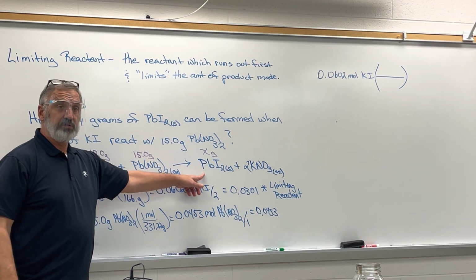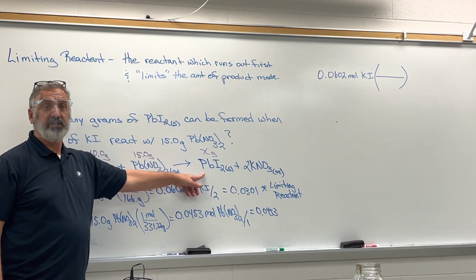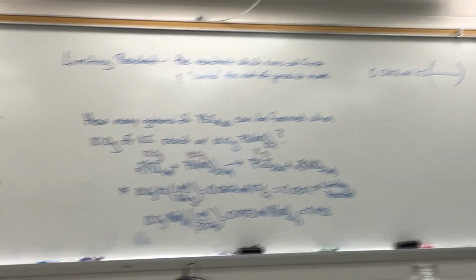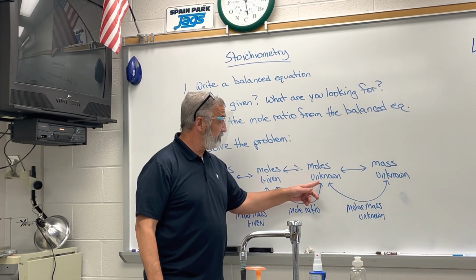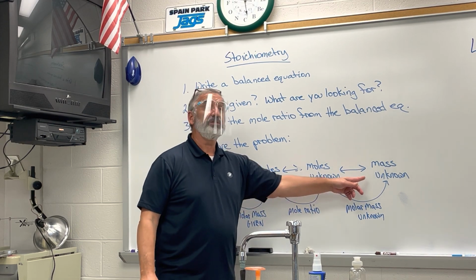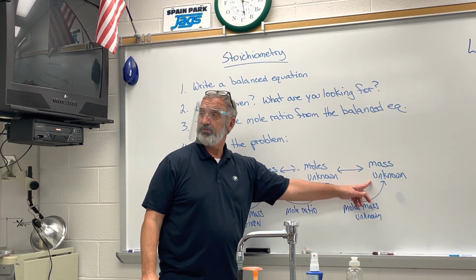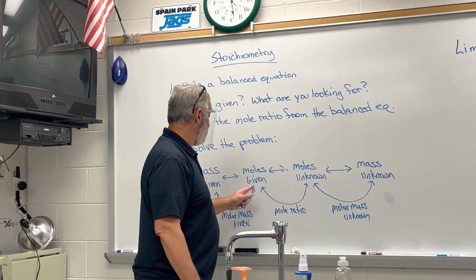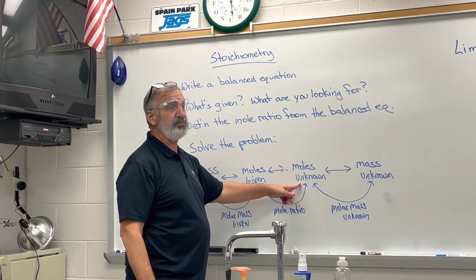Grams of PbI2. Grams of PbI2, right? So I'm really starting right here. I need to go to moles of PbI2 to grams of PbI2, right? So how do I go from moles of KI to moles of PbI2?